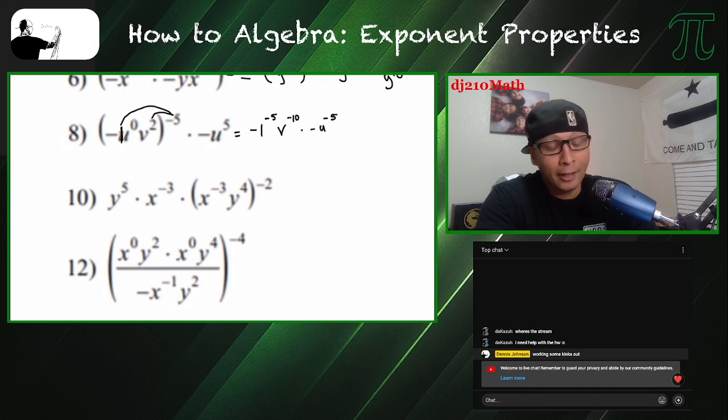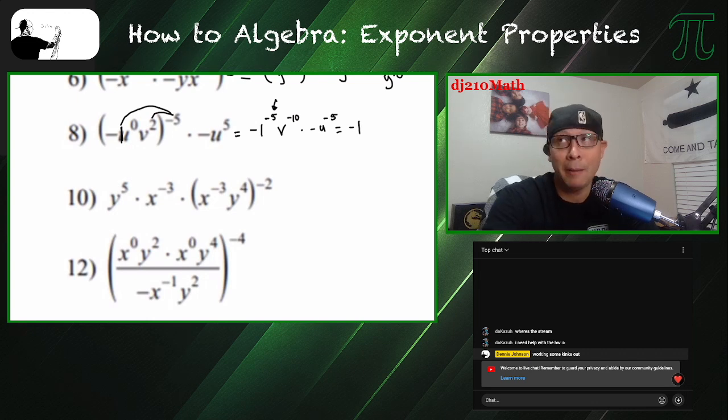What this is actually saying is negative 1 times negative 1, 5 times. The trick is that if this exponent is odd, which it is, the result is going to be a negative 1. Had this been, say, negative 1 to the 6th power, an even number, the answer would be positive. In this case, because it's odd, it's going to be negative.